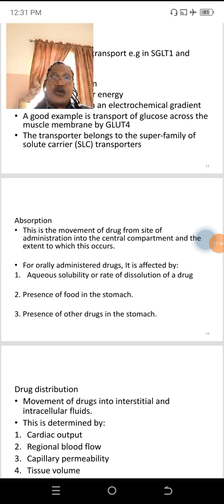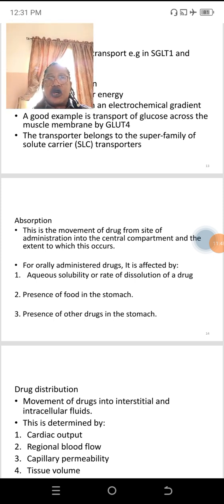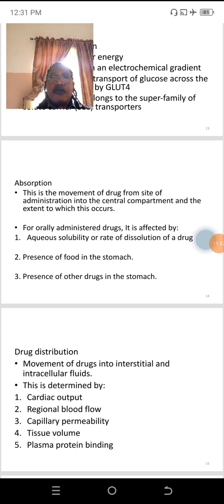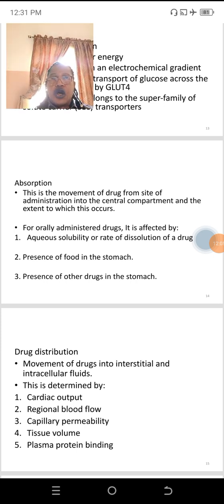Presence of food in the stomach is also important for orally administered drugs, because the drug might form complexes with the food, which will limit its absorption.